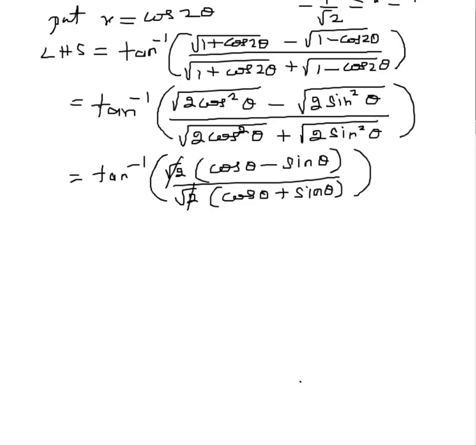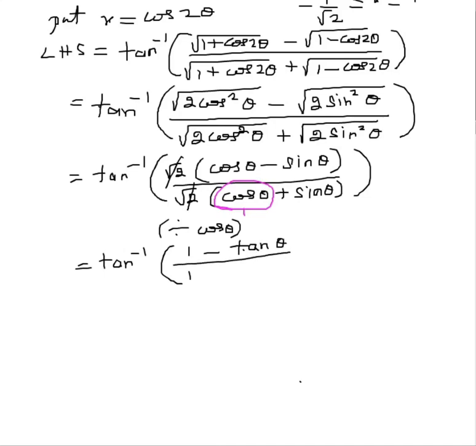Now we need 1 in this position to use the tan inverse of x minus y by 1 plus xy formula. So we need 1 here. To get 1, let us divide by cos theta. Each and every term inside the bracket should be divided by cos theta. We get 1 minus sin by cos, which becomes tan theta. The denominator becomes 1 plus tan theta.